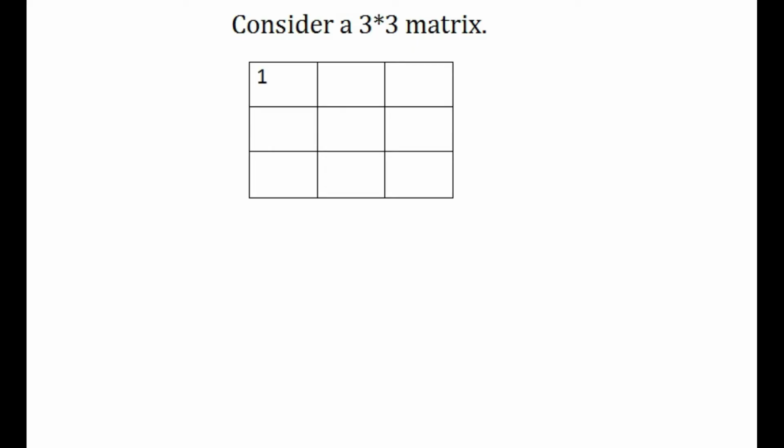But in a 3 cross 3 matrix, it is not the same, as there is the presence of an intersection element. Consider a 3 cross 3 matrix having elements 1, 2, 3, 4, 5, 6, 7, 8 and 9. The main diagonal elements are 1, 5 and 9.